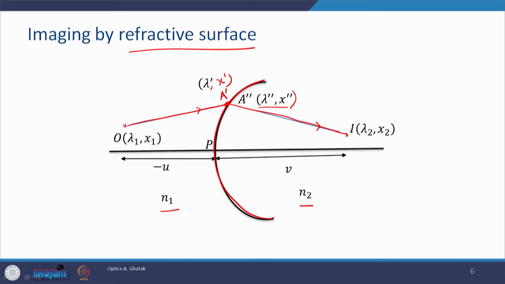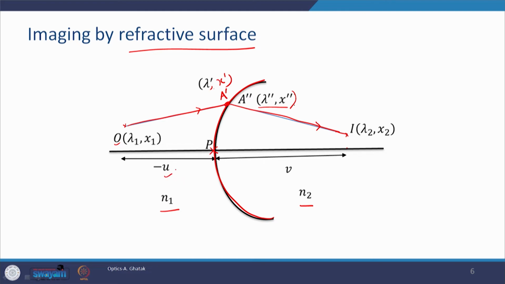Okay. I repeat, lambda 1 x1, lambda prime x prime, lambda double prime x double prime and lambda 2 x2 are coordinates of O, A prime, A double prime and I points respectively. Point O is at a distance minus u from P, and point I, the image point, is at a distance v from P. P is the point on the axis of this curved refracting surface.